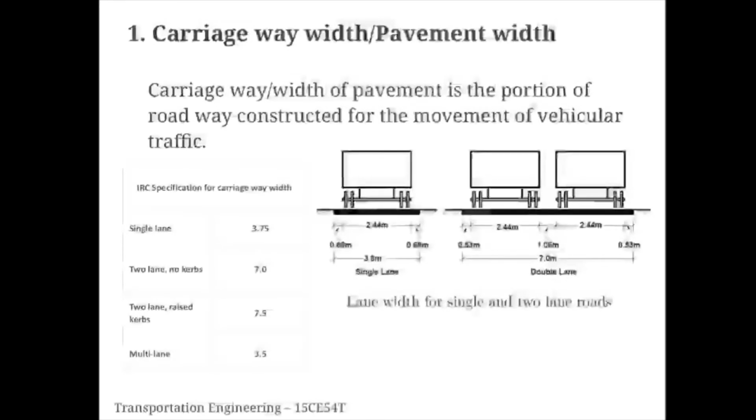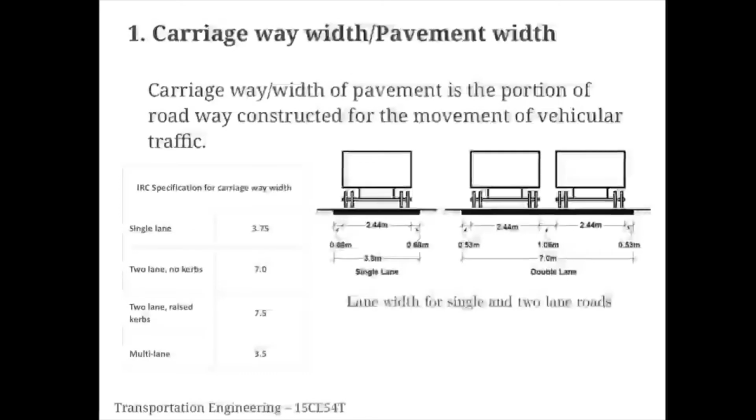The carriageway width is decided based upon the maximum width of the heavy load vehicle such as trucks. So the big vehicle which will move on the road, that vehicle's width decides the carriageway width of any highway in a particular area.